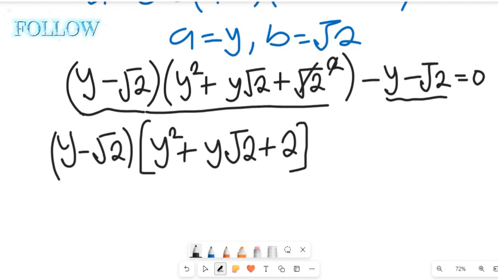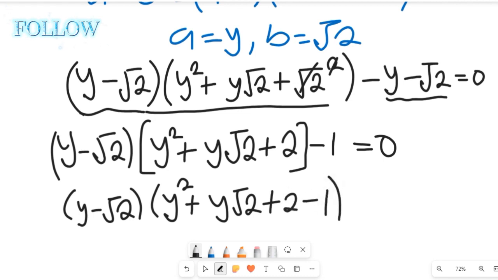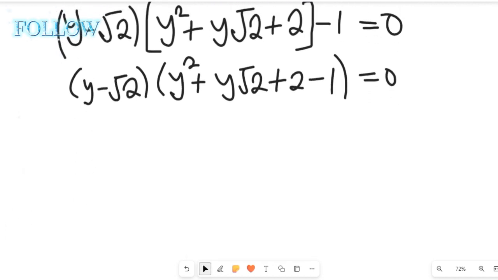And this whole thing divided by this will give us minus 1, and this will be equal to 0. So we'll have y minus root 2 as an expression, and we'll have y square plus y root 2 plus 2 minus 1 equal to 0. So what would that expression give us?